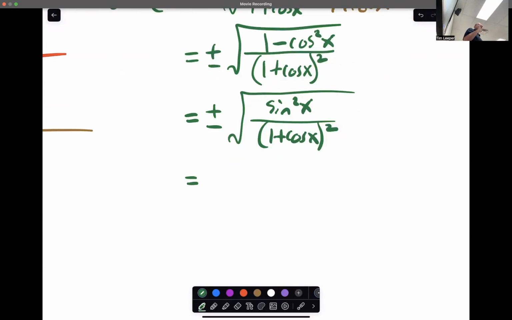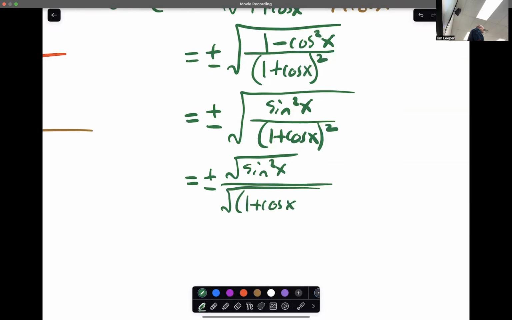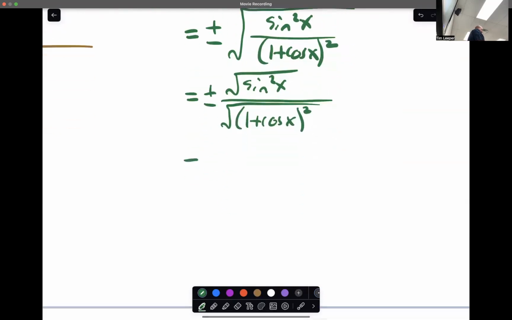Now, looking at that expression here, we're gonna have the plus or minus out here, and then the numerator is the square root of the sine squared of x all over, in the denominator, the square root of parentheses 1 plus cosine of x all squared. Now, these are different things here, and they're different things for a reason. I'm going to put a plus or minus here. The square root of sine squared.